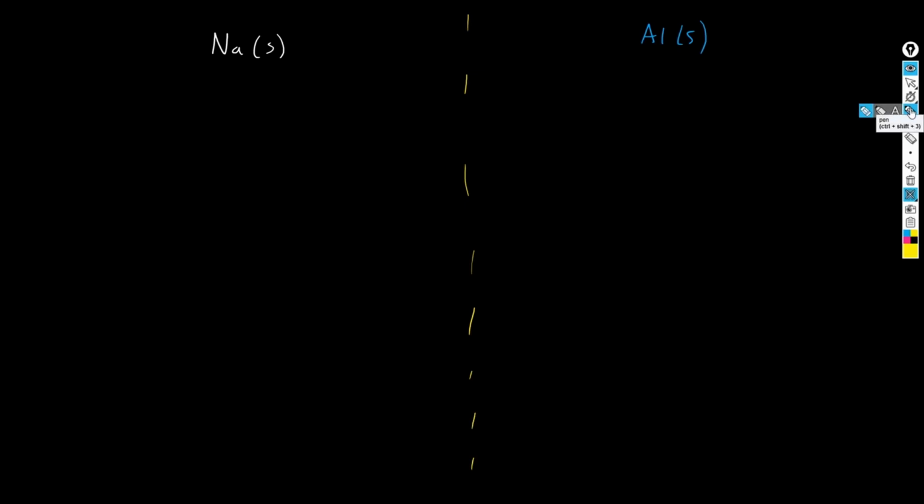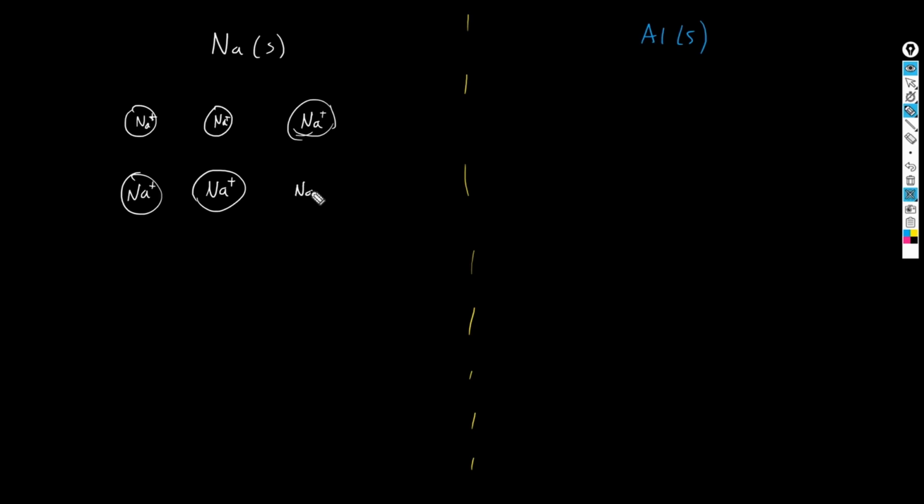So the general shape of the lattice will be the same. For sodium, or for aluminum, we're going to have metal cations. So let's draw sodium, Na+. So metal cations, because sodium's ion is +1. So Na+, Na+. And those metal cations are going to have the electrons in between them.